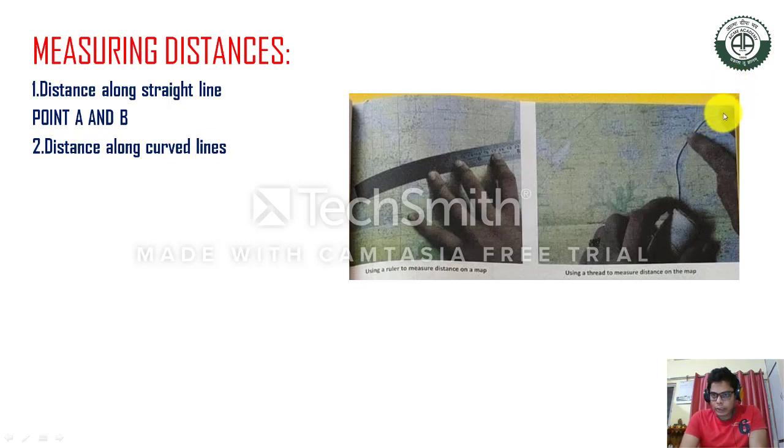By the thread you can easily measure the total distance, and then you measure this thread by a straight scale, and you can easily find how long the river is. So these are the two methods by which we can easily measure the distance on the map between two points, or maybe a river, maybe a canal. Okay, so easily we can do it. Thank you.